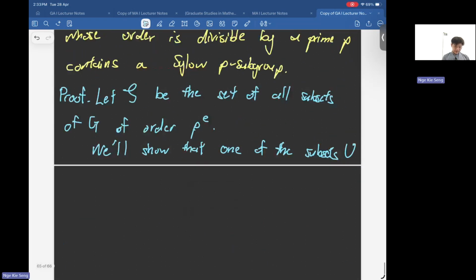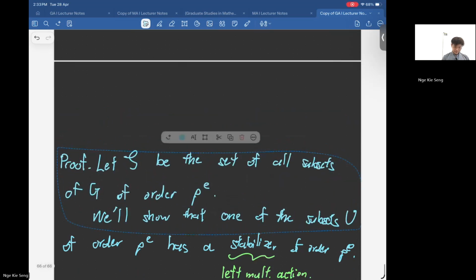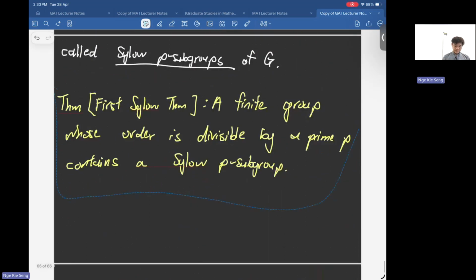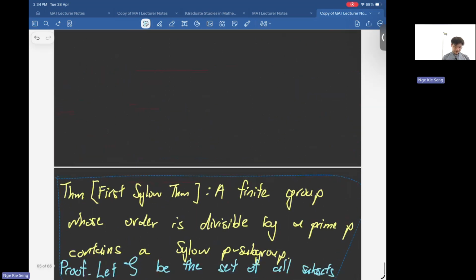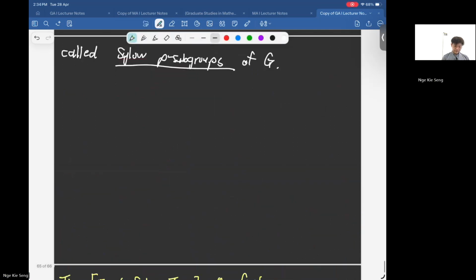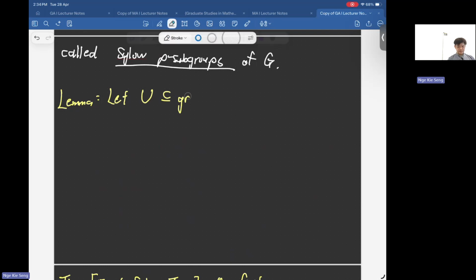Let's mention some properties of this left multiplication action. So the first property is, if you have a subset of a group G, maybe here I put a group.